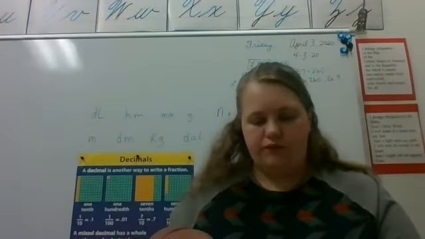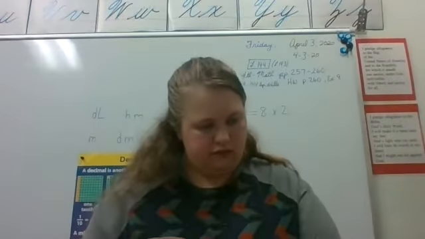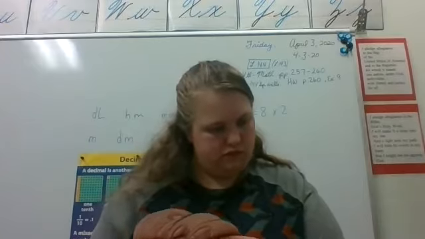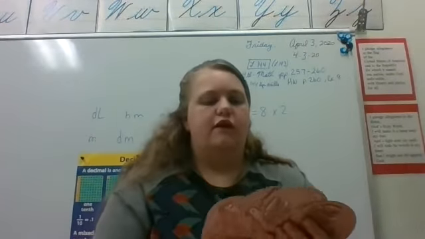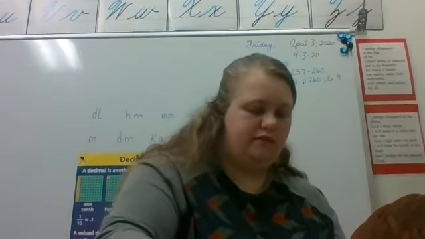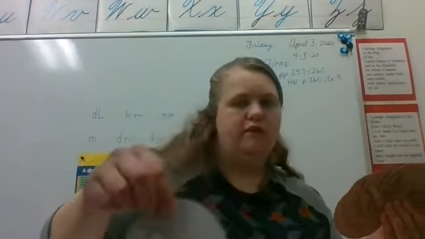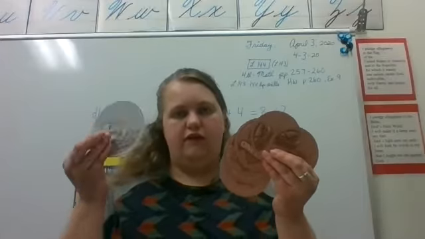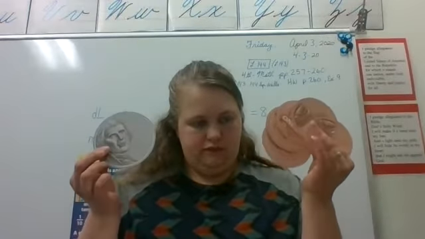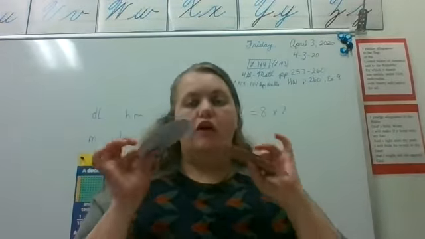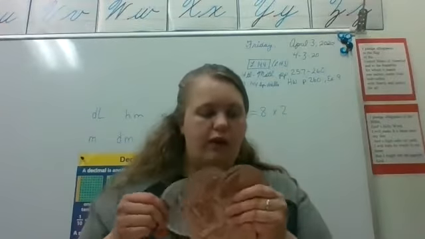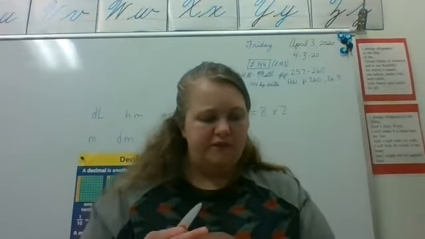Okay, so if I have 5 pennies in one hand and a nickel in the other hand, these two amounts are equal, correct? Because 5 pennies equals 5 cents. 1 nickel equals 5 cents, right? So 5 cents equals 5 cents. That's what that is.